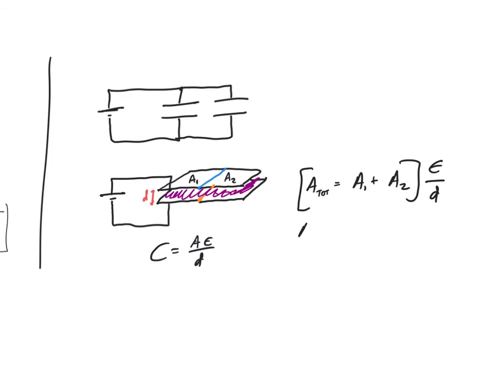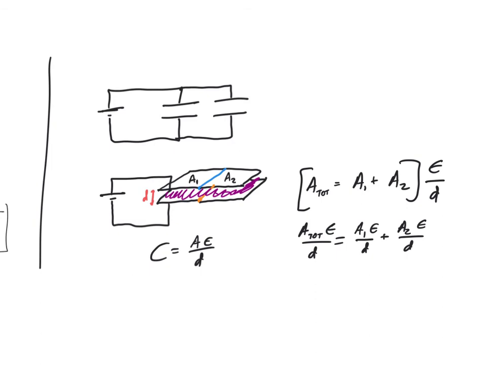That gives me area total times the permittivity divided by the distance between the plates equals the area 1 permittivity over the distance between the plates plus area 2 permittivity divided by the distance between the plates.